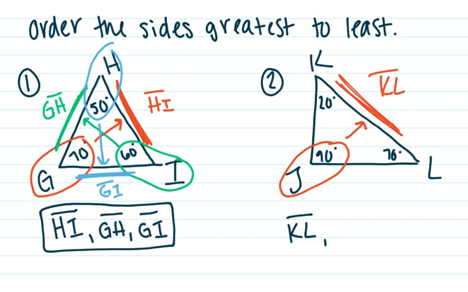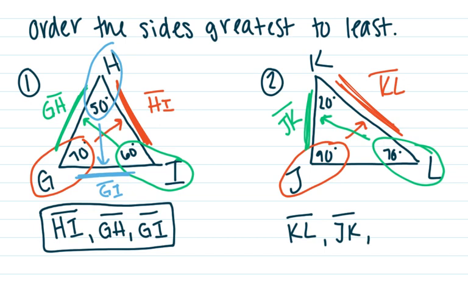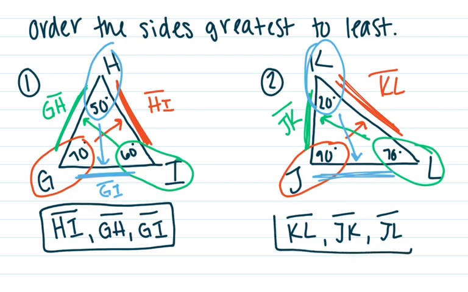The next angle is angle L, which is 70 degrees, and the side that goes with that angle is side JK. So that's going to be our middle side, side JK. And then lastly, our smallest angle is angle K, and the side that goes with it is side JL, which means that side JL is our smallest or least side.